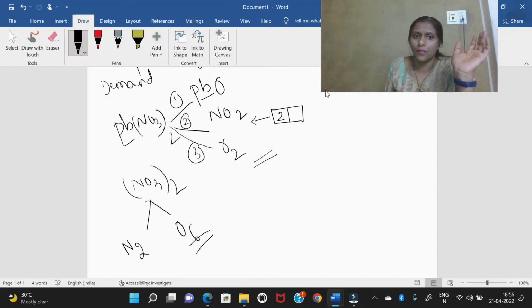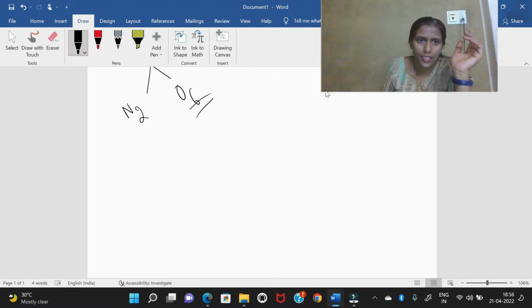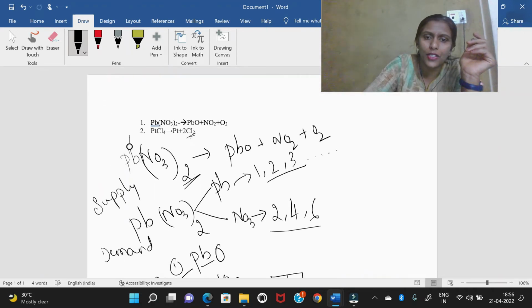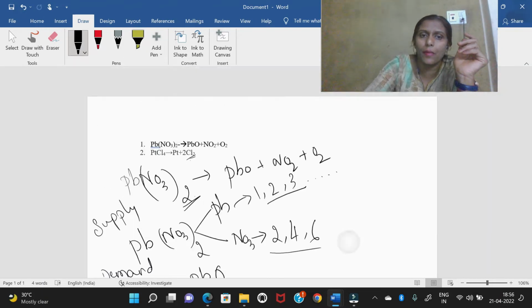That is met. Done. Now, how will I balance this, or how will I write this balanced chemical equation? What I do is I'll just go here. All the change we required was that we had to submit 2NO2 to the second family.